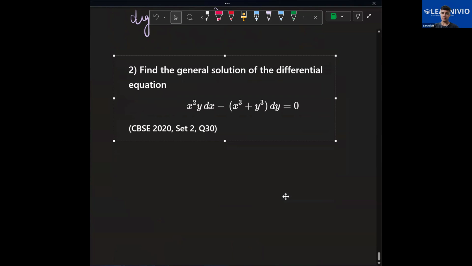Now you know three methods: one is variable separable, one is homogeneous, and one is linear differential equation. Not four, you have three methods.